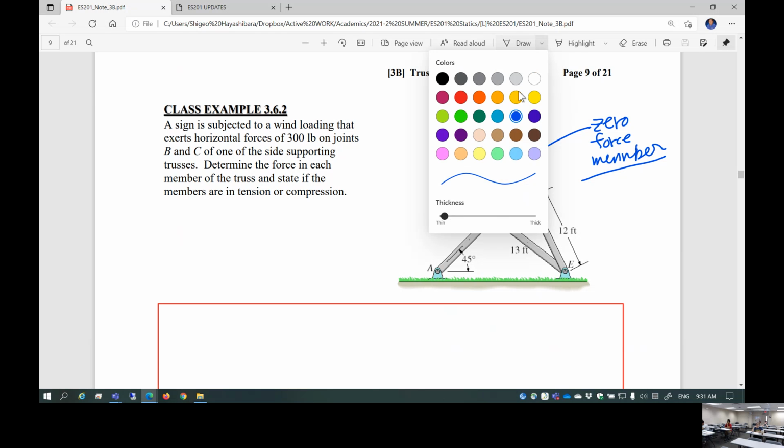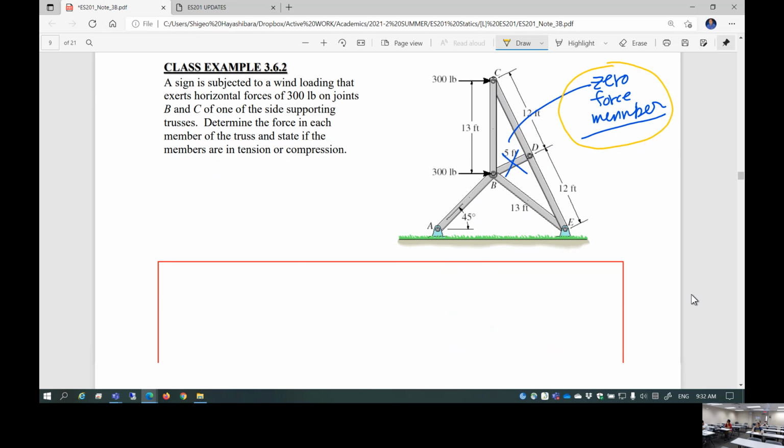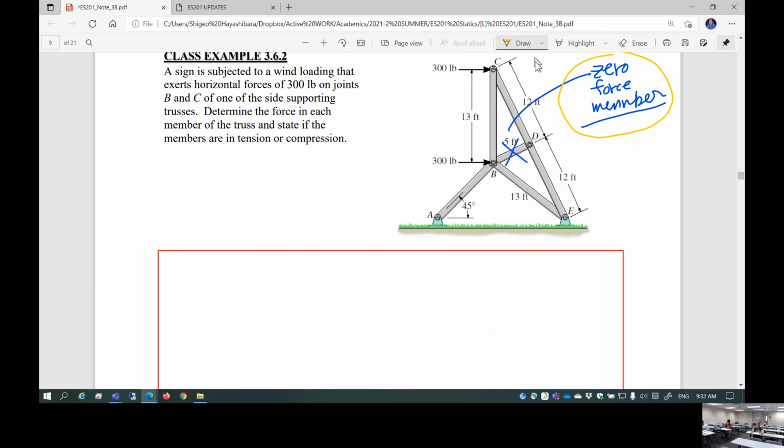What's next after that? Free body diagram. Free body diagram is, of course, important. But let's say, okay, let's just draw a free body diagram then. I'm going to draw a free body diagram. Is the free body diagram for the entire thing? No? Free body diagram for what? Because you take out the thing that is zero force. That's right. So I remove this zero force member, and then do you want to draw a free body diagram?